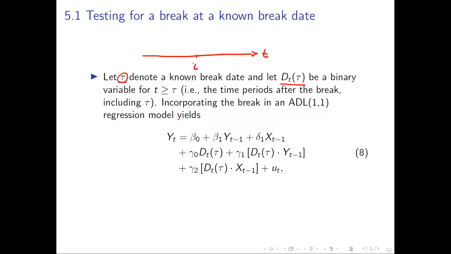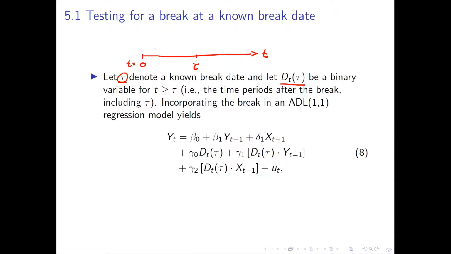We have the time variable here, and we have a tau here, and maybe we are starting our data set at an arbitrary period 0, t equals 0.